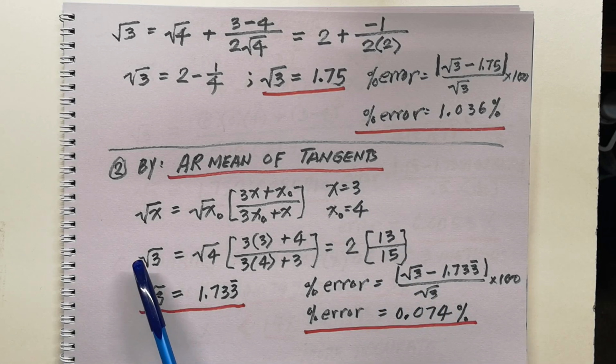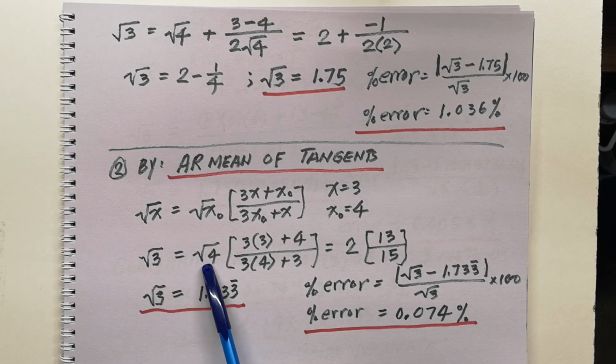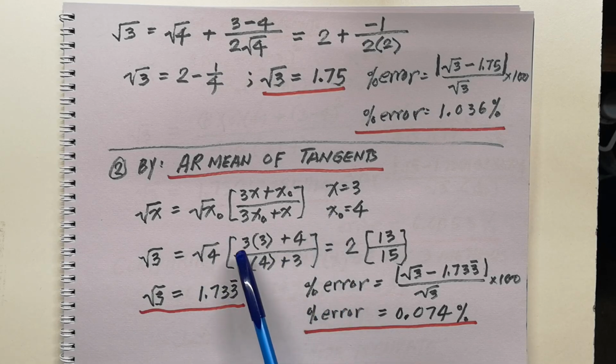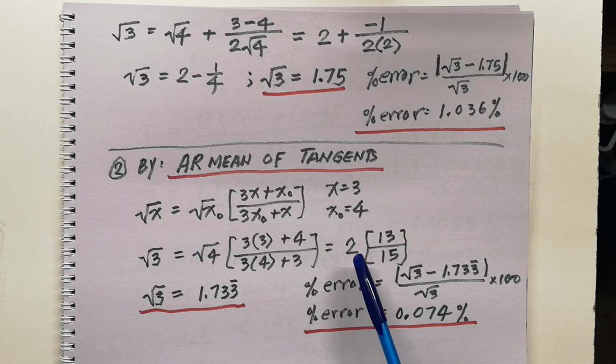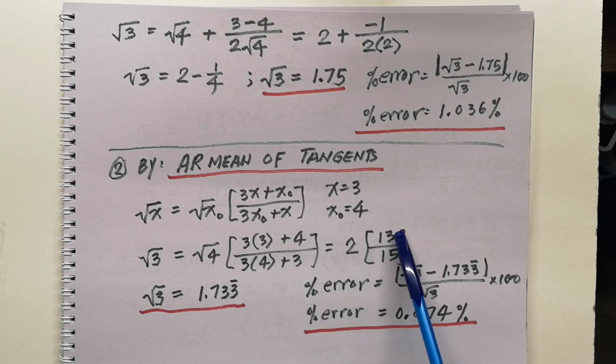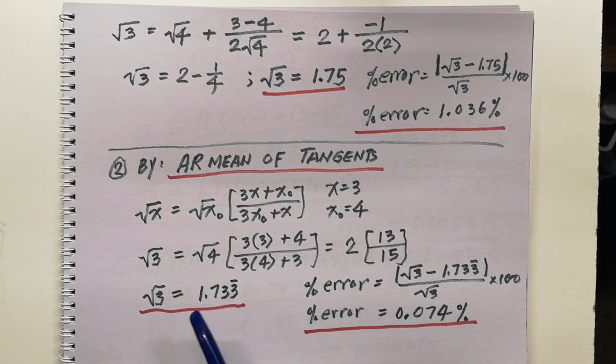So therefore, square root of 3 equals square root of 4 multiplied by (3 times 3 plus 4) divided by (3 times 4 plus 3), which is very easy to remember, equals 2 times 13 over 15. So square root of 3 is approximately equal to 1.733333. The percent error is this, and this is the percent error, 0.074%.